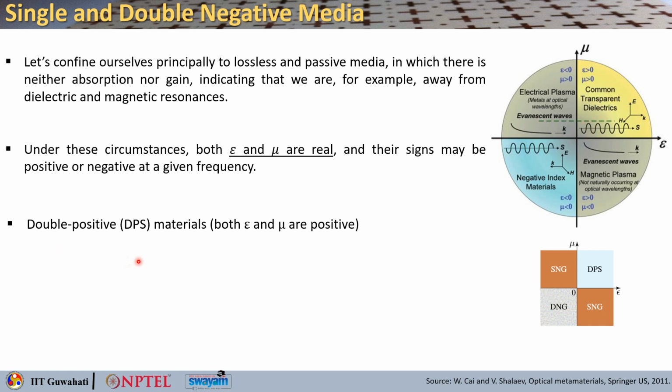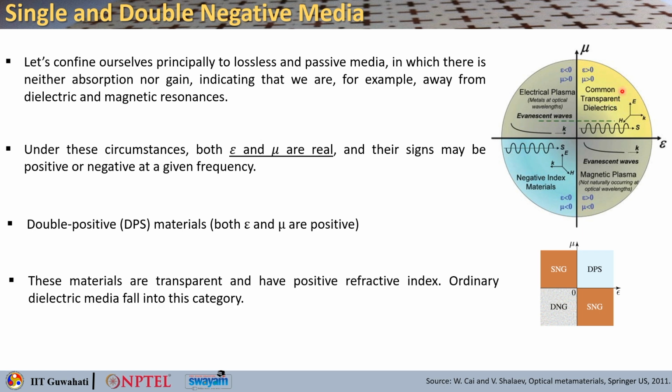If you consider double positive materials, both epsilon and mu are positive. These materials are transparent, meaning they allow light to propagate, and they have a positive refractive index. All the ordinary dielectric media fall in this category, that is, the first quadrant.